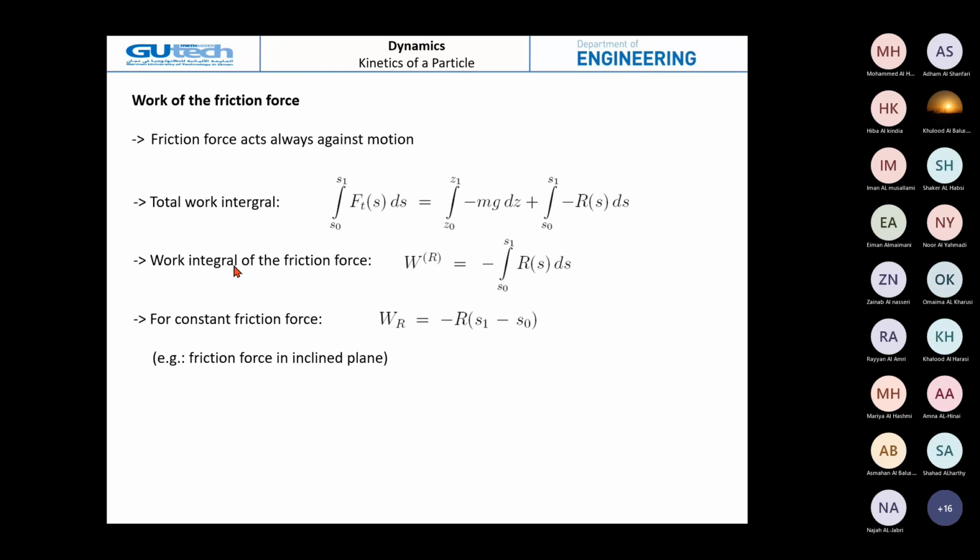The work integral of the friction force, we note it by W_R, which is minus R times S1 minus S0. For example, we have seen it for friction force in an inclined plane.